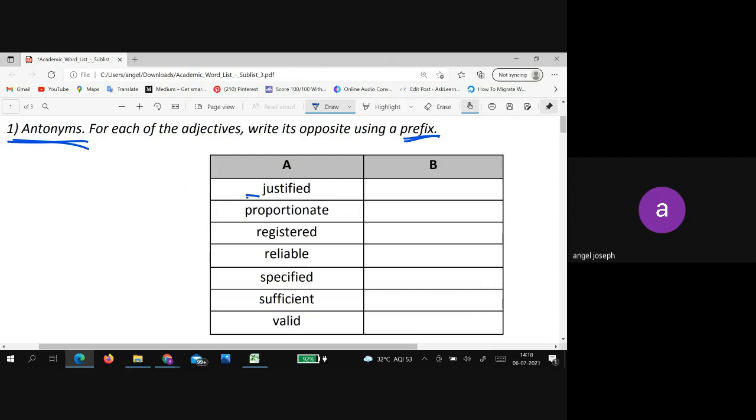So the first one, justified. What letters can we put to make it the opposite of justified? Let me give you the first example. Unjustified. So unjustified is the opposite of justified. It was a justified scenario.